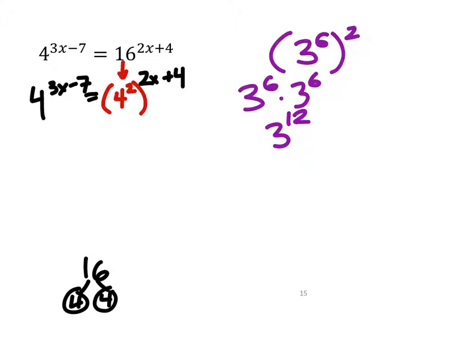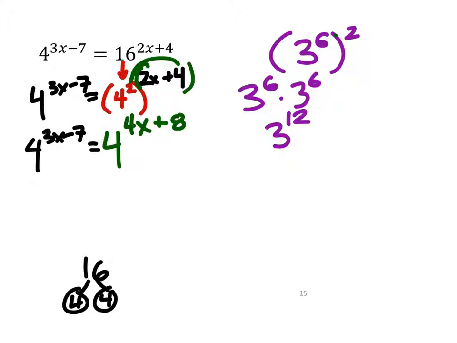So what would we have done with those exponents before? Multiply, right? So if we were multiplying those, then we're going to multiply these, but it's multiplying everything. So it's really kind of like distributing this 2 into that set of parentheses. So it ends up being 4 to the power of 4x, and then 2 times 4 is 8 right there. And that equals 4 to the power of 3x minus 7.